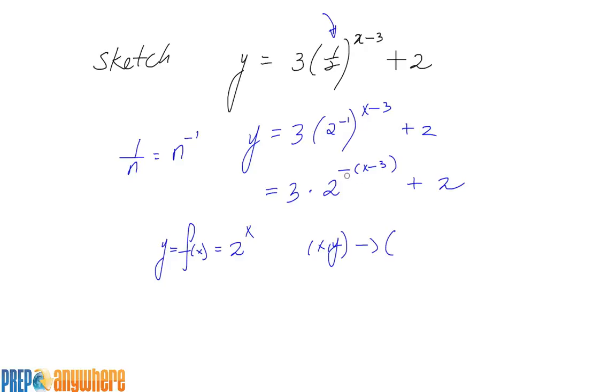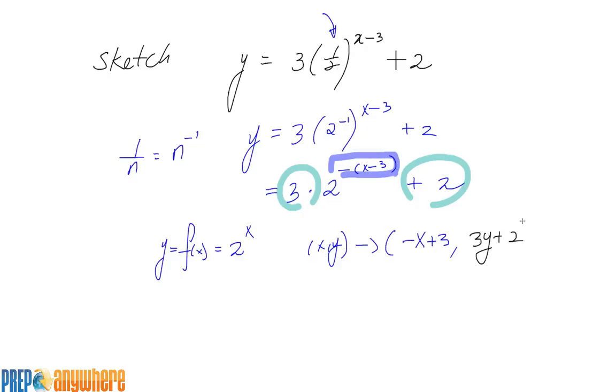It's only affected by this part here, and everything happens opposite. It's multiplied by negatives. We have to divide by negative, which is the same thing. So we multiply the x by negative, and then it's subtracted by 3, so we have to add 3. And then the y is affected by what happens after 2 to the power of x. So we get 3 times y plus 2.